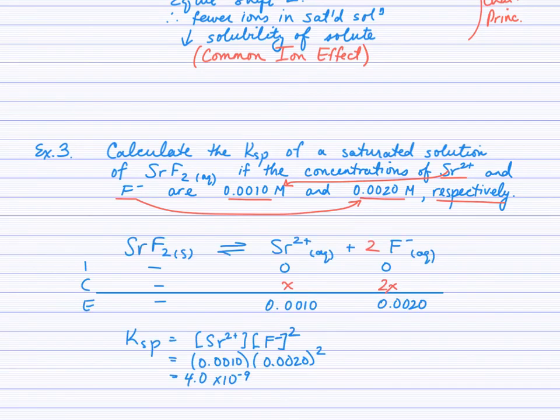Okay, so you'll see that I completed the ice table, but I directly plugged in the equilibrium concentrations of the strontium and fluoride that were provided, and then used those in the KSP equation. So was it necessary to construct an ice table here? No, it truly wasn't. If you recognize that the concentrations at equilibrium are the values that are plugged into your KSP, then you could have just written your equation, substituted, and computed the KSP.